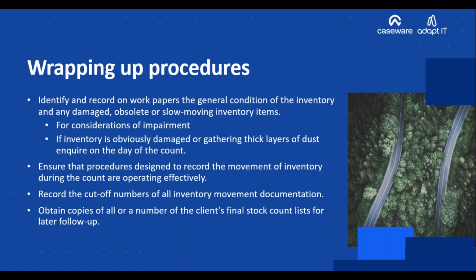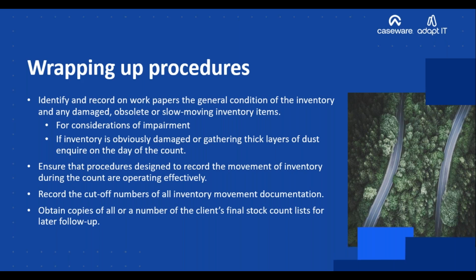So step number 1 is to identify and record on working papers the general condition of the inventory and any damaged, obsolete, or slow-moving items.